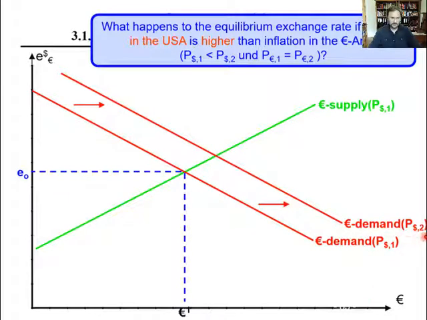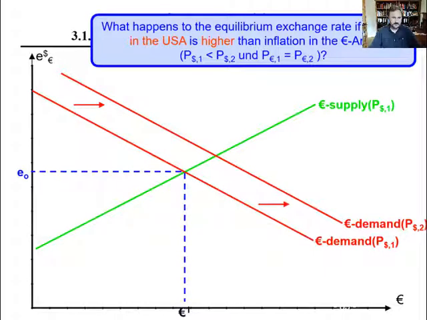Here symbolized by this new price level for dollar goods, which is higher than the initial price level. Since fewer Europeans want to buy goods in the United States now because US prices are more expensive than before, Europeans demand less dollar and hence supply less euro to the foreign exchange market.